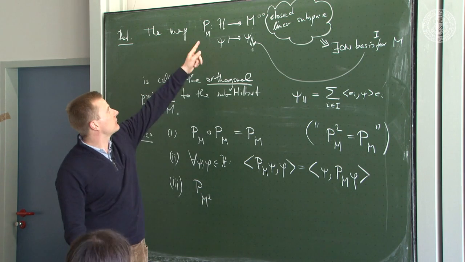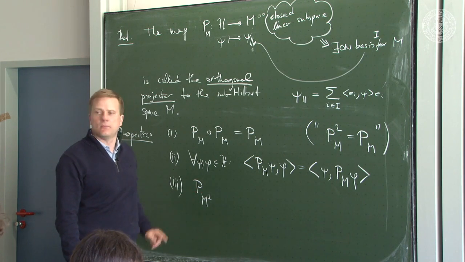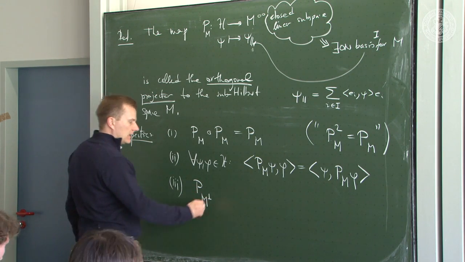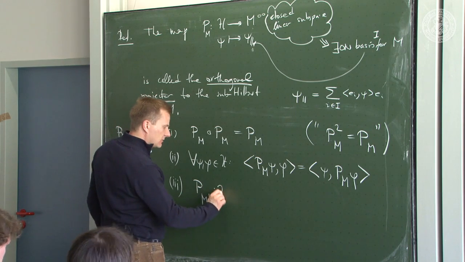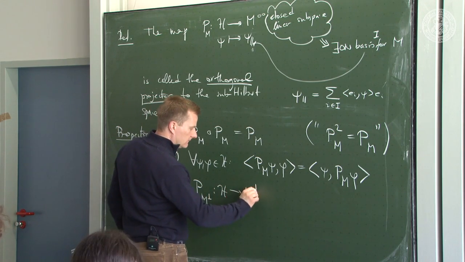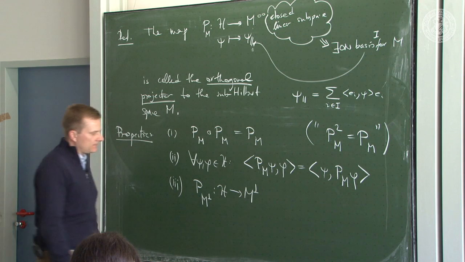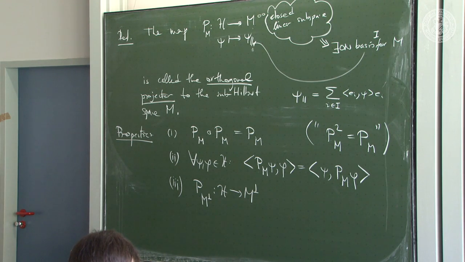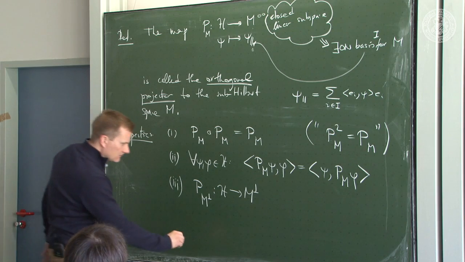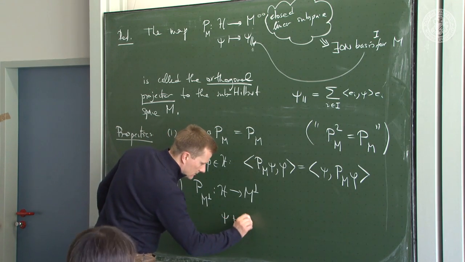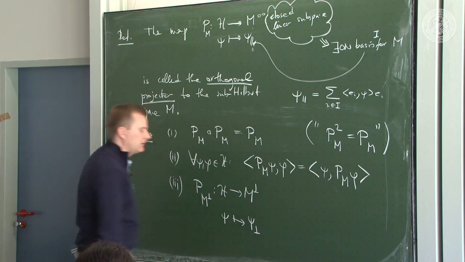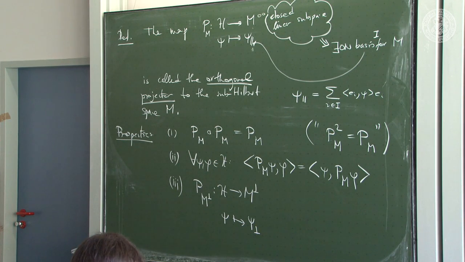So where I wrote the M here, I could also write the M orthogonal. This guy, of course, goes from H to M orthogonal. And it takes the psi in H to the psi orthogonal we had before. That's a simple consequence. Okay?